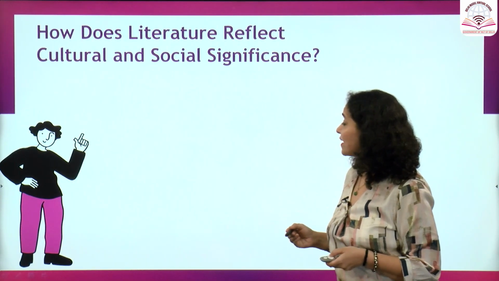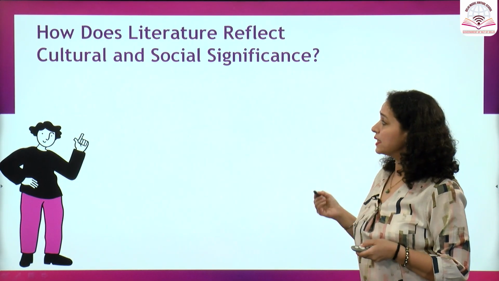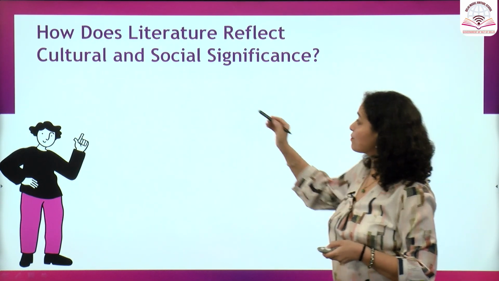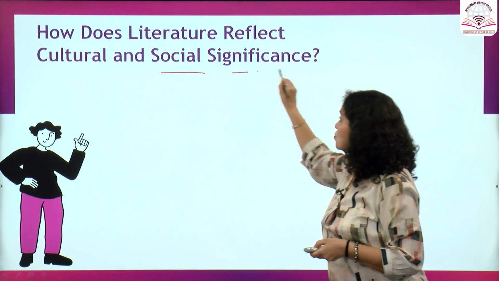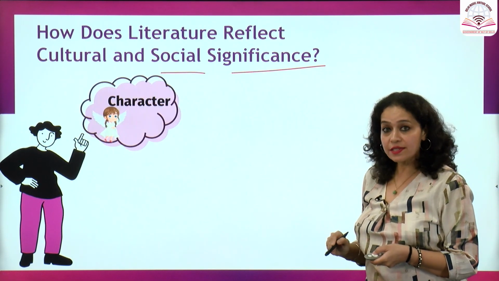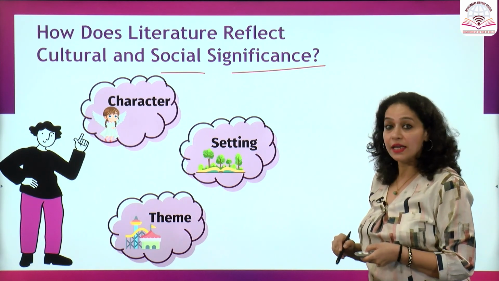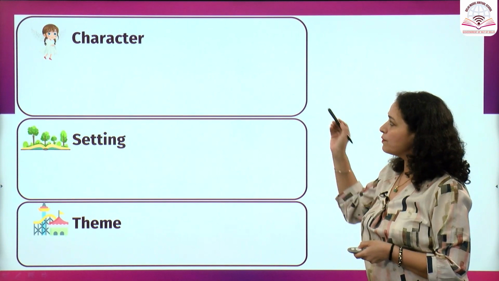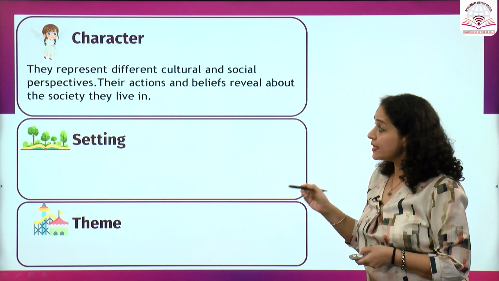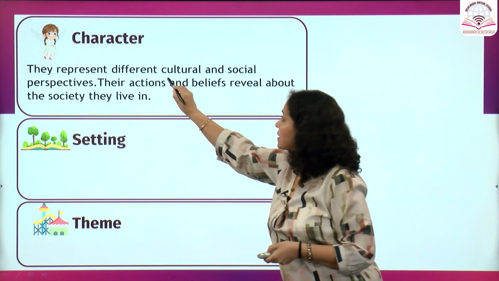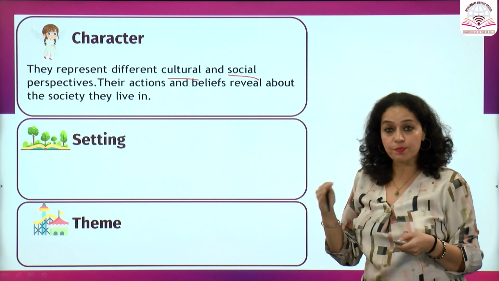And now let's have a look at a very important thing: how does literature reflect cultural and social significance? This happens with the help of character, setting and theme. Let's see how. When we talk about the character, these characters represent different cultural and social perspectives.